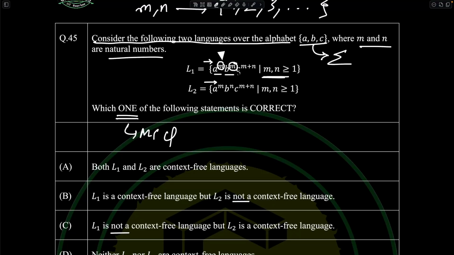And after that, c is a very important part. The number of c's present in this kind of string is going to be greater than m, because n is greater than or equal to 1. So after b has been processed, we still have to keep information regarding the size of m, for us to be able to accept or reject the string we are given.